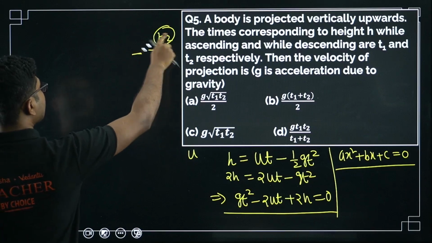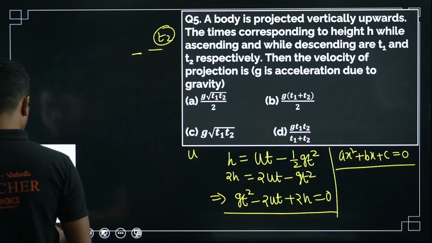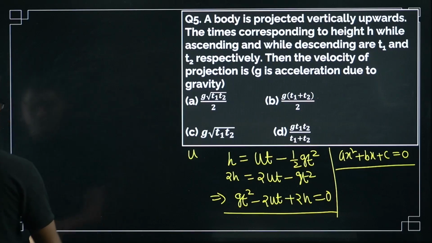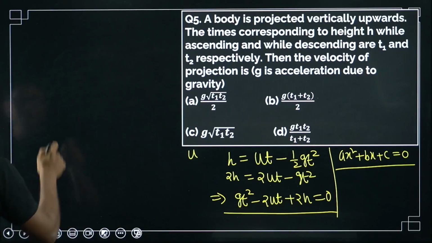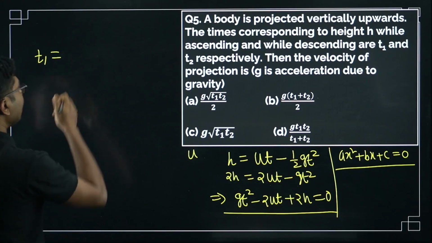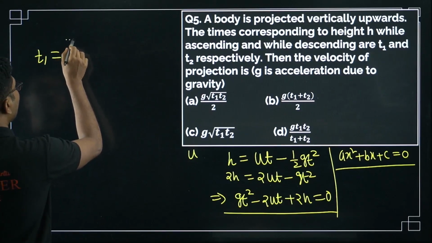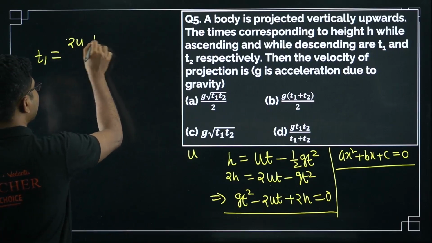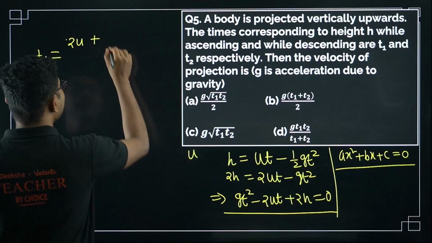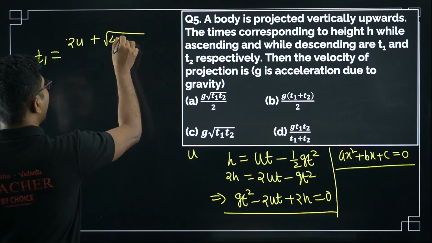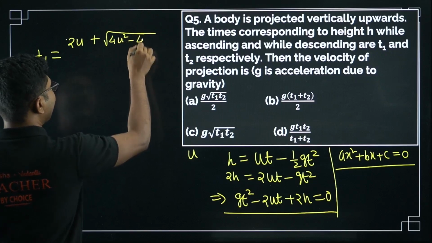If you remember, the roots of a quadratic can be calculated using the formula t1 equals minus b, that is 2u, plus or minus the square root of b square minus 4ac.